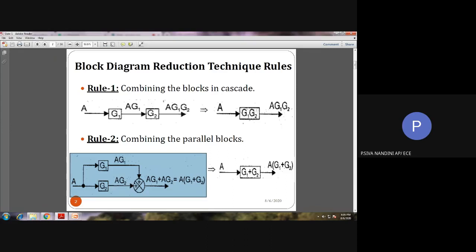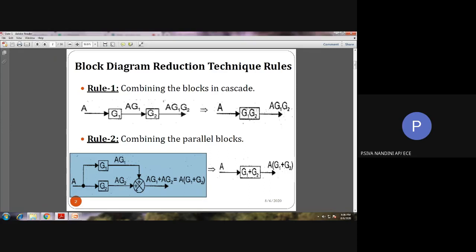This circle with a cross mark is known as a summing point. This AG1 is fed to the summing point with positive sign and AG2 is fed with positive sign. So our output will be AG1 plus AG2, because both are positive. Suppose AG2 is fed into the summing point with the negative sign, then our output will be AG1 minus AG2.